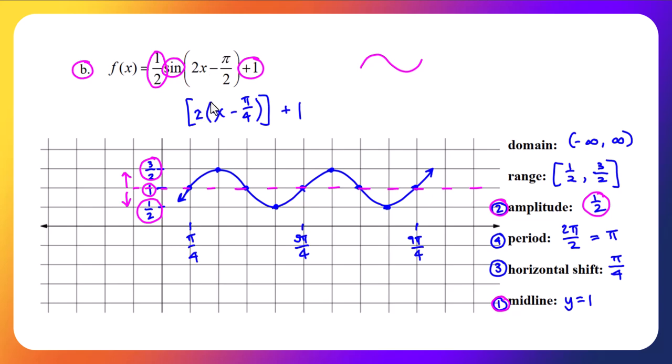Now to get the amplitude, be careful. You need to first factor the 2 out, separate the amplitude from the shift. So if I factor the 2 out, 2 times x, still 2x, and 2 times what is going to give me pi over 2. And I hope you know that's pi over 4.